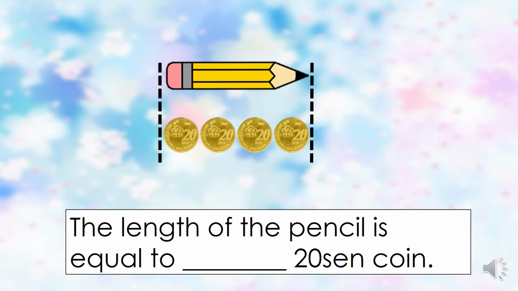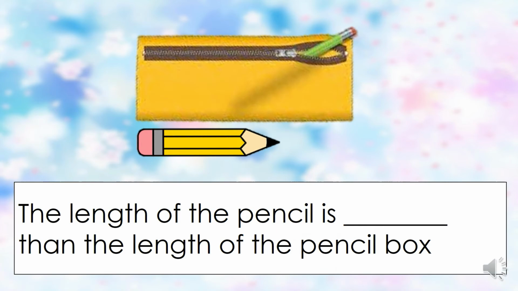The length of the pencil is equal to how many 20-cent coins? Very good. The length of the pencil is equal to 4 20-cent coins. Now, try to compare the length of the pencil box and the length of the pencil.